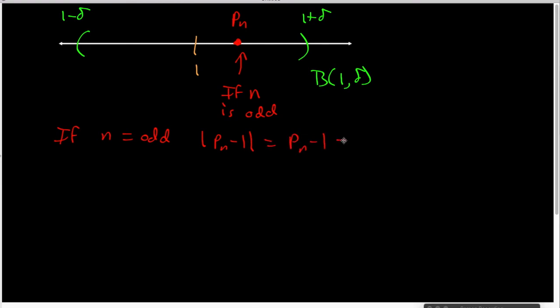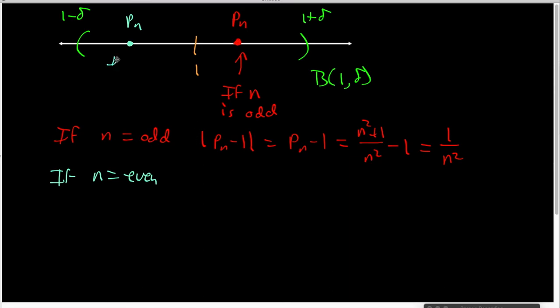And so if n is odd, the distance between Pn and 1 is nothing more than Pn minus 1, and that's going to be n squared plus 1 over n squared minus 1. And it turns out that that's going to be 1 over n squared. On the other hand, if n is even, Pn is over here.